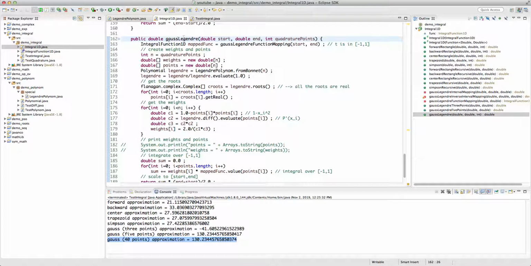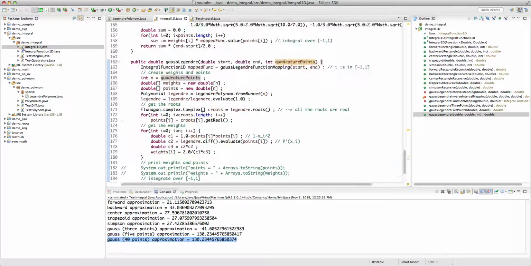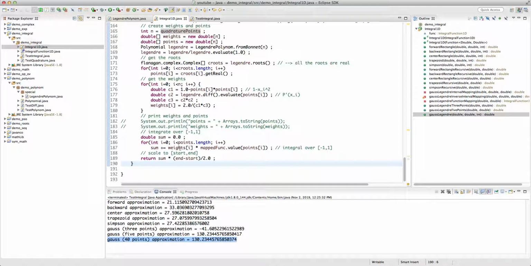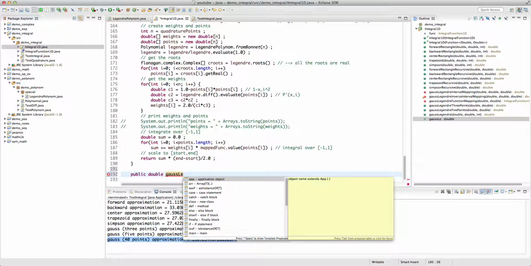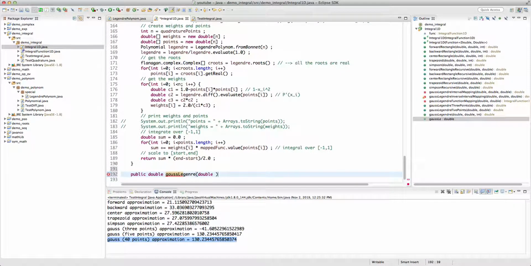I have this Gauss-Legendre, and that tells me the quadrature points. Then I can define another method, public double Gauss-Legendre, double start, double end.